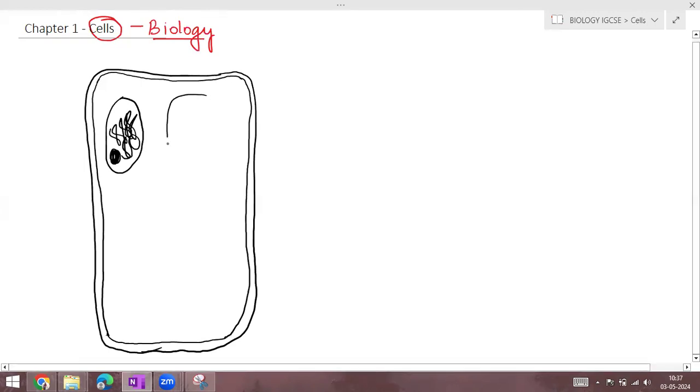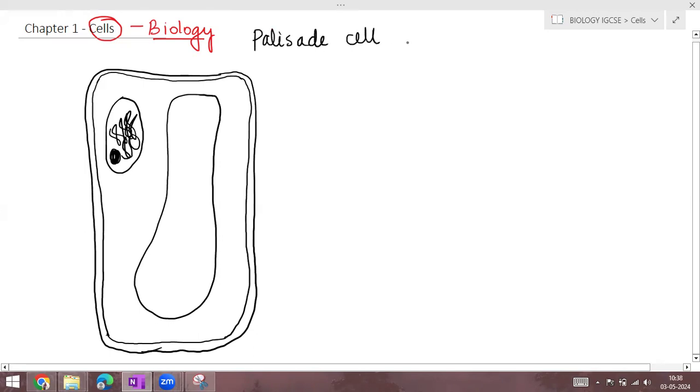This particular type of cell is known as a palisade cell from a leaf.